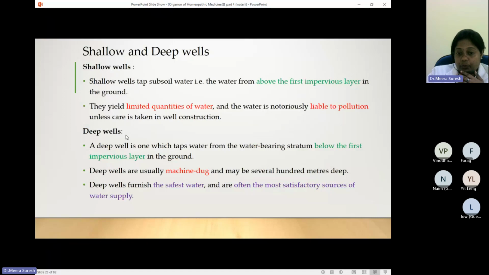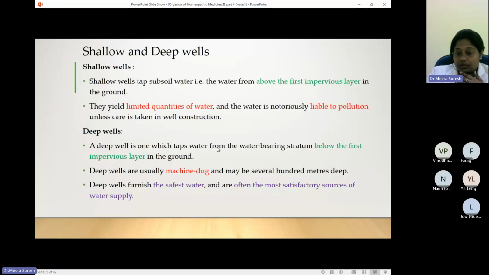But in the case of deep wells, it is going so deep and is mostly machine dug. It is not easy like a shallow well to construct with something like mud. Because it is going deep, we need a machine. It has to be machine dug and several hundred meters deep.